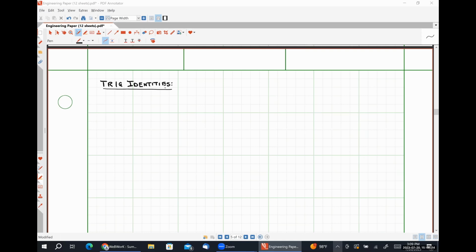All right. So the first trig identity that I'm going to give to you guys is that cosine of omega t plus some phase angle phi is going to be equal to the sine of omega t plus that same phase angle plus 90 degrees.